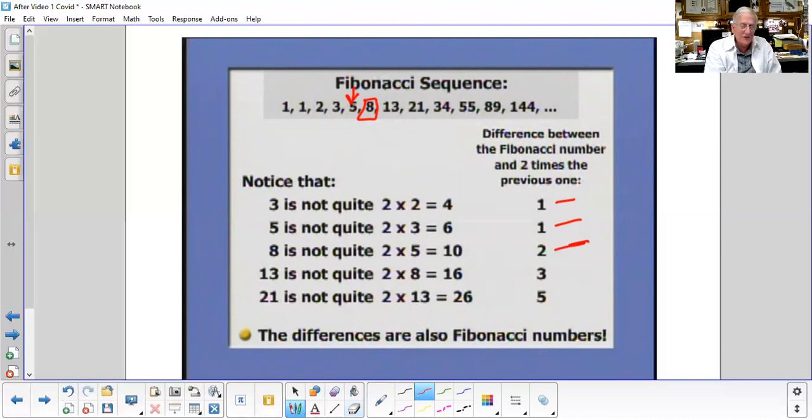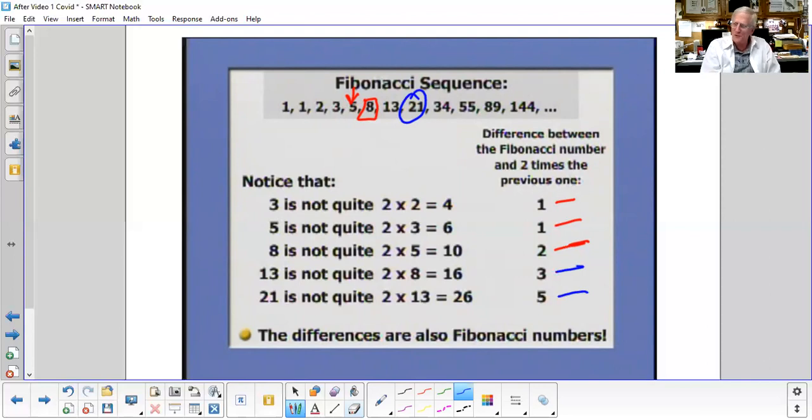And notice I can continue this. If I double 8, you get 16. 16 is 3 away from 13, the next Fibonacci number, right? And if you do the same thing on the next one, if you double 13, you get 26. 26, if you subtract 21 from it, you get 5, right?